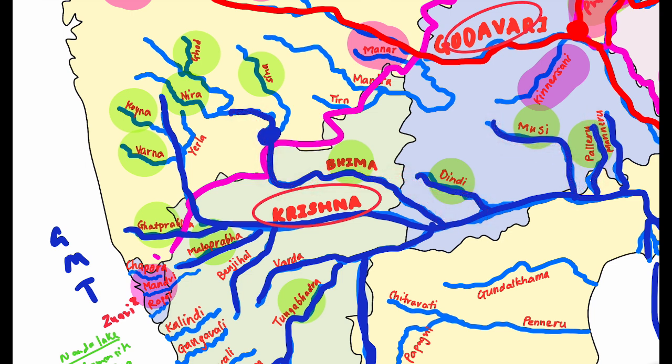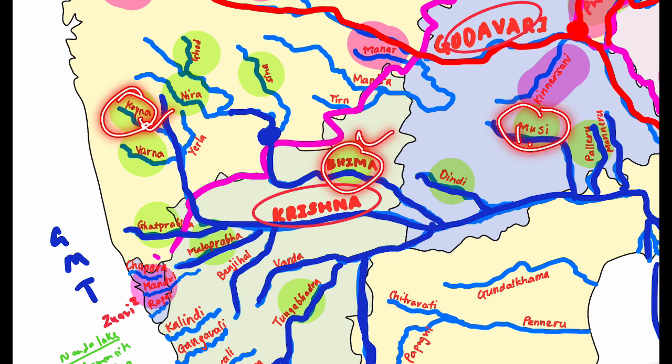Pellar or Maneru, not that important. So important left bank tributaries are Bhima, Musi, and Koina. Koina is important. Then, not that much important. Okay, so Koina, Bhima, Musi. You need to remember that these are tributaries of Krishna.